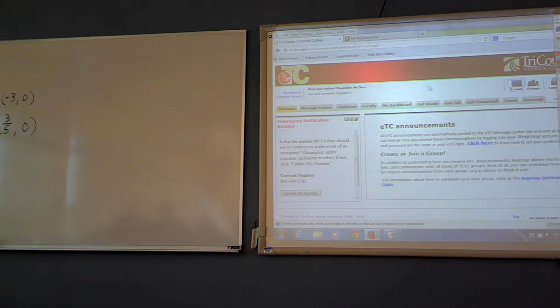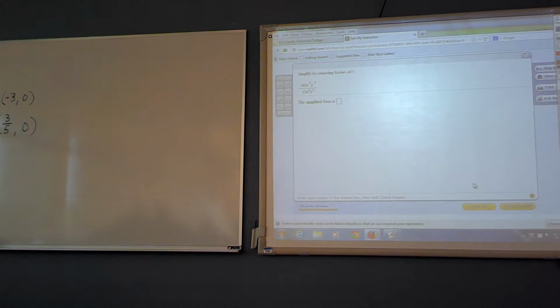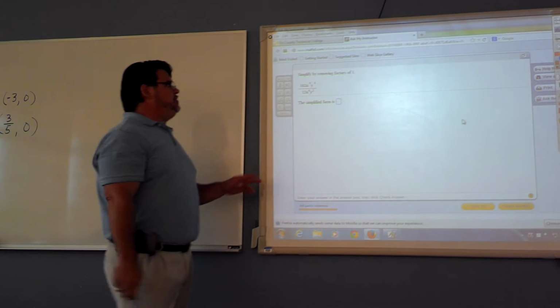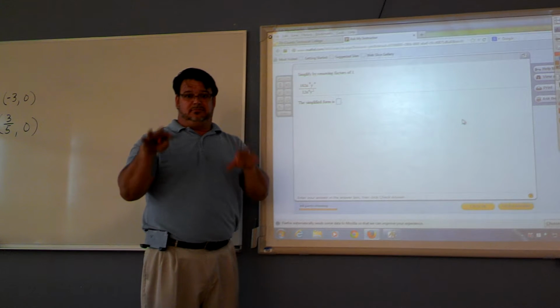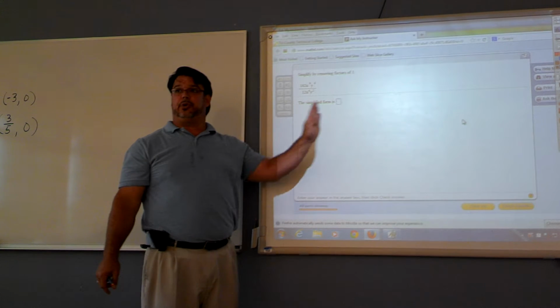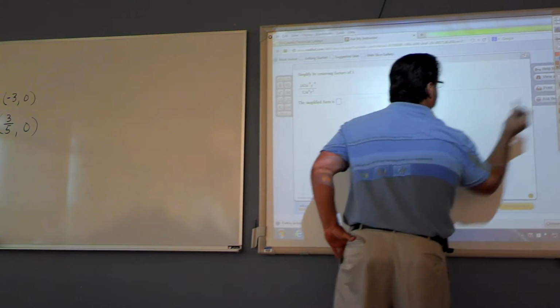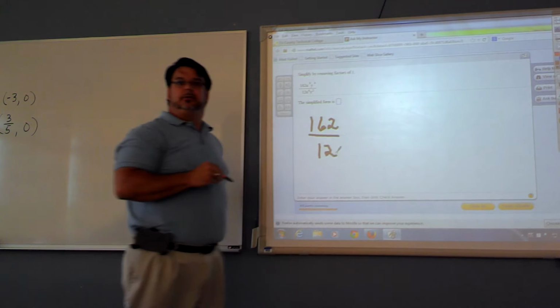This is, sorry, 6.1, 19/4. And this one says, and I'm gonna go ahead and break it up, because that's the way I tell students to do it. Whenever you have a conglomeration like this, especially if you're kinda wishy-washy on whether you know how to do it or not, if you're not confident, break it up into 3 problems. 162 over 12, that's the first part.